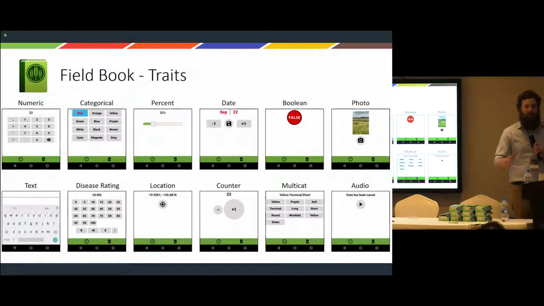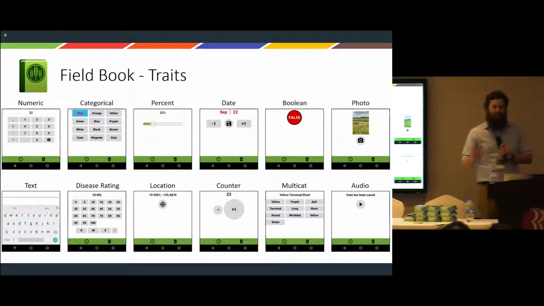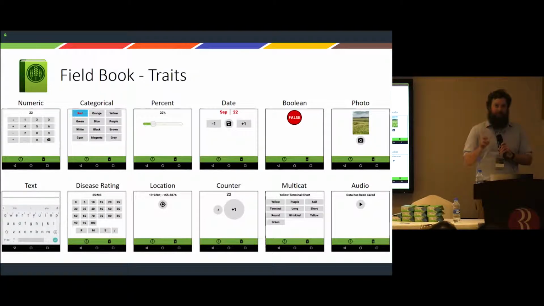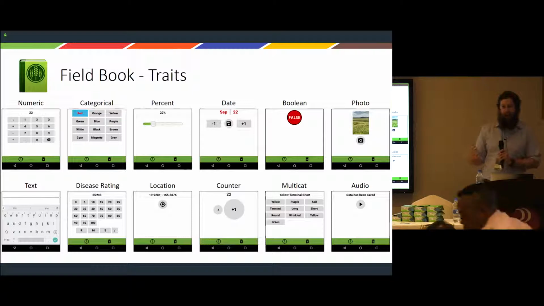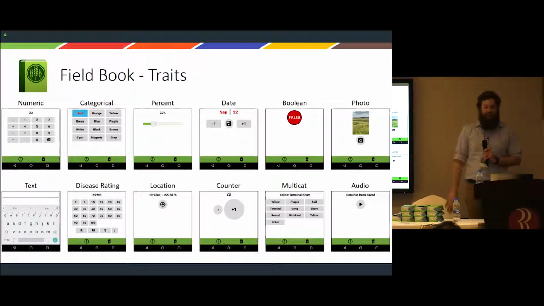The MP3 file is named for the plot ID so that you know which plot those comments went to. Now, it doesn't translate it to text, but there are people that tell me they love this, and I don't quite understand why. I don't know who has time to listen back to all of their own thoughts.